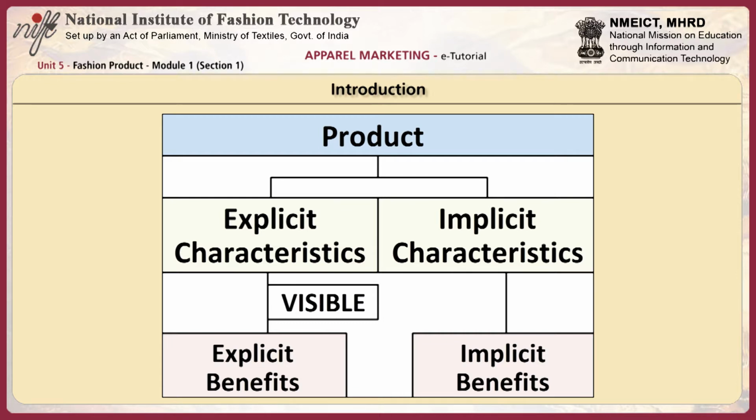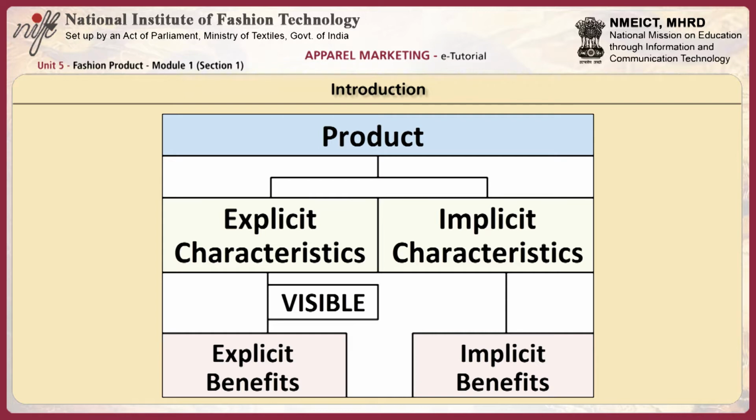Primarily, a product contains both explicit and implicit characteristics, thus yielding explicit and implicit benefits or performances.